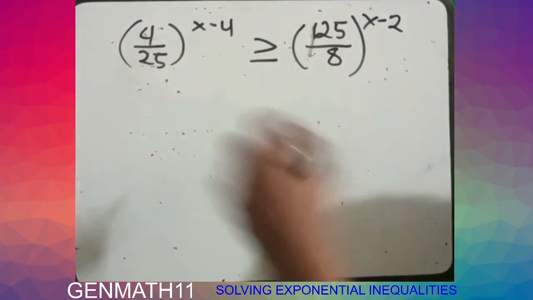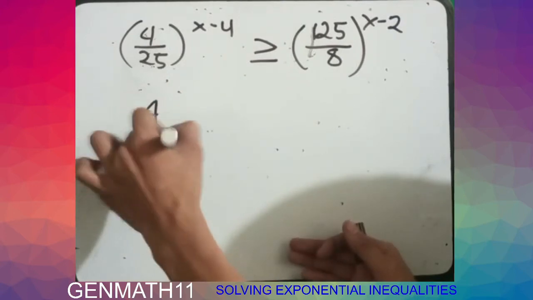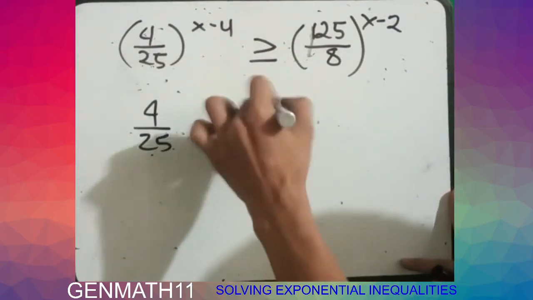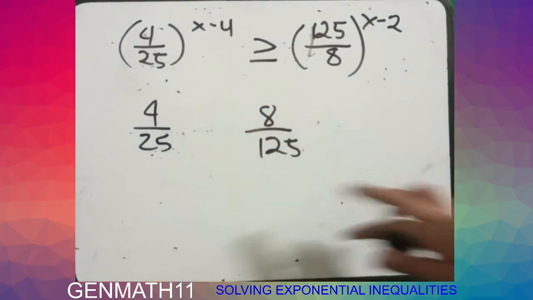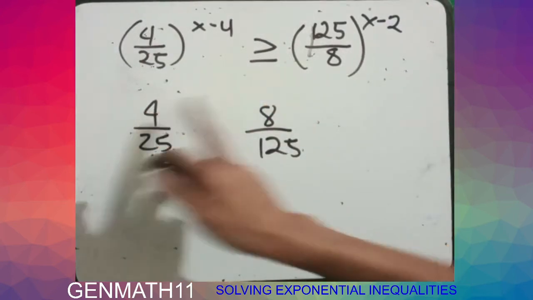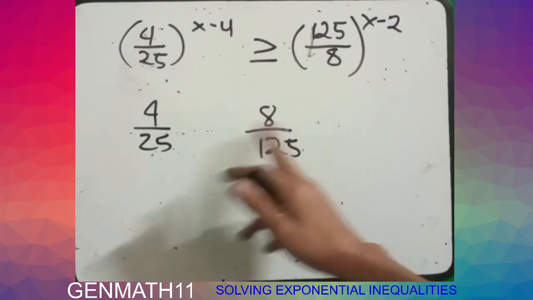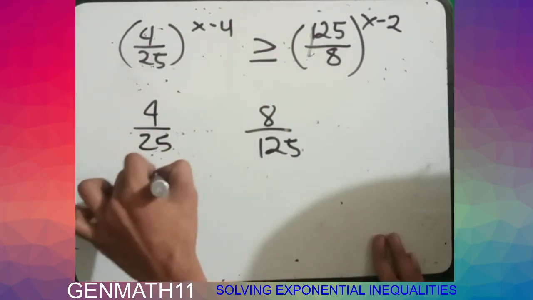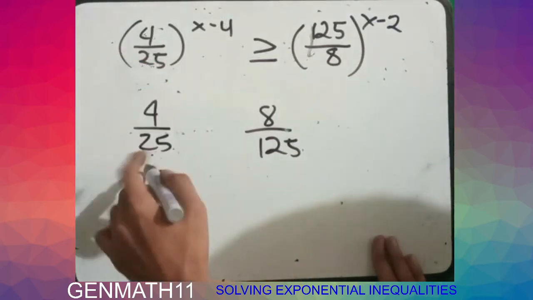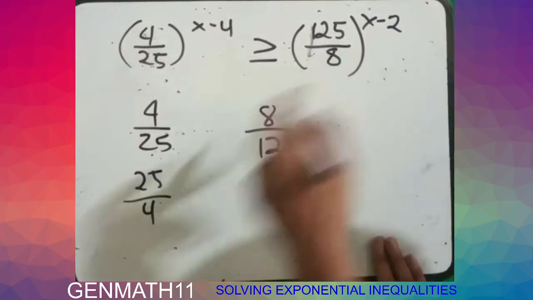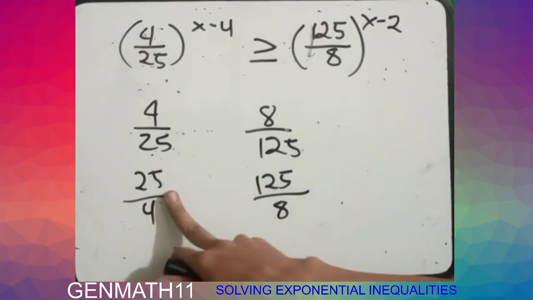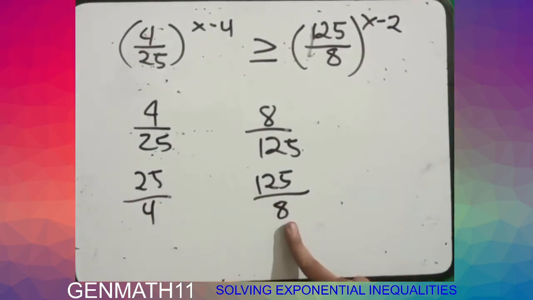Dapat kasi ay parehas silang less than. Pag binaliktad natin, dapat si numerator natin parehas less than sa kanyang denominator. Or, pwede din, baliktarin natin si 4 over 25, tapos iparehas natin dito. Okay. So, magkaparehas na silang greater than kaysa sa denominator.